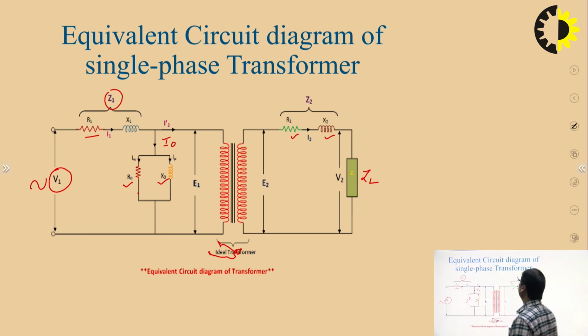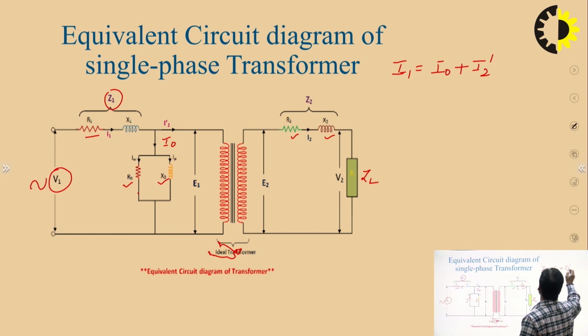You can see from this that the primary current consists of the no load current and I2 dash, as a phasor sum. I2 dash is the load component of the primary current.